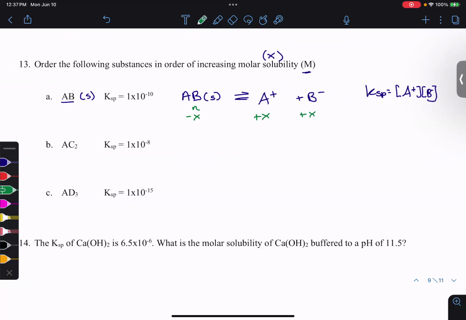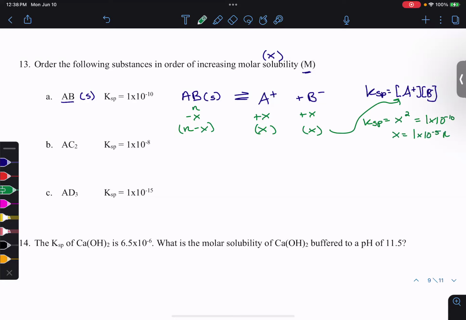So now I'm putting Ksp in terms of molar solubility when it actually dissolves. So at equilibrium, we have N minus X of your solid, X amount of A, and X amount of B. So put those X's in the Ksp. So we see that Ksp equals X squared. And I tell you this is 1 times 10 to the negative 10. So therefore X, the molar solubility, is 1 times 10 to the negative 5 molarity.